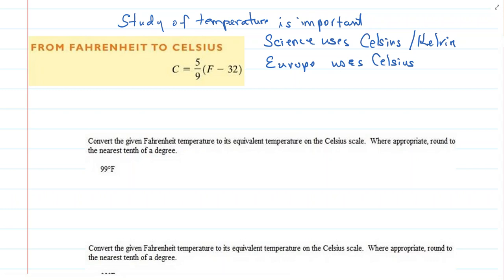to have an idea of what the rest of the world uses for temperature measurement and if it's hot or cold. So this formula that we're going to do first is converting to Celsius. And to convert to Celsius means that we have a Fahrenheit given.